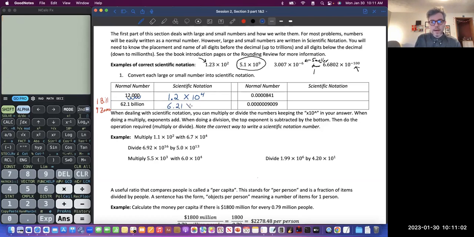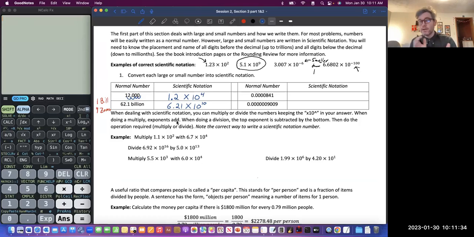So this number has to become 6.21 times 10. And now I have to think about, okay, what number is going to be in that exponent? Since this is a billion, I start with 9, but I converted it to 6.21, not 62.1. So I think it has to be 10 to the 10th spot, because I had to move it one more time.